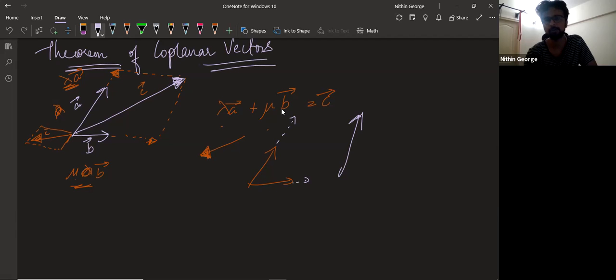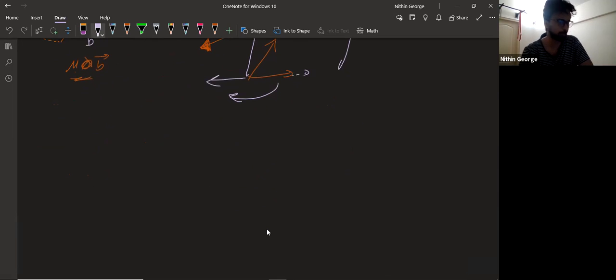If you form a triangle, you have your answer. Now here, though, you'll have to put it this way. This one should go this way, and then you will get something like this. Anyway, this is the theorem of coplanar vectors. I hope you got the basic idea of this.